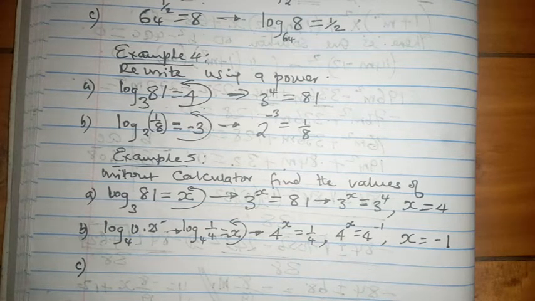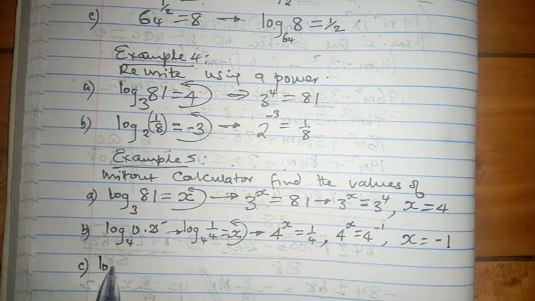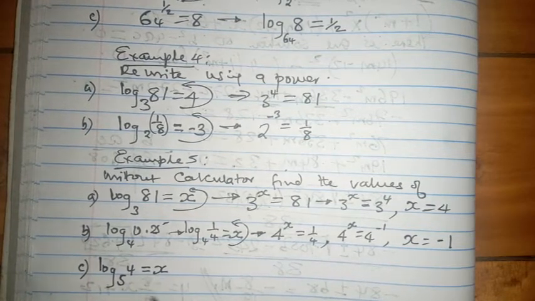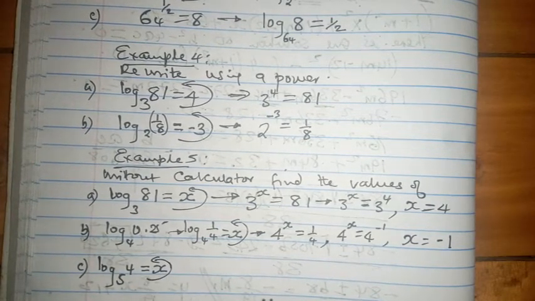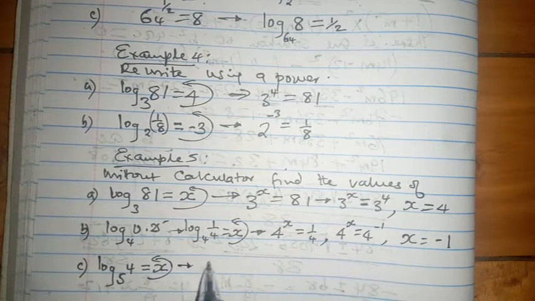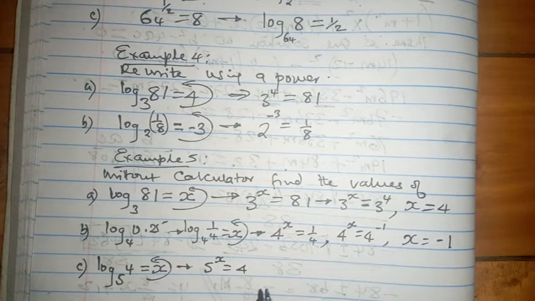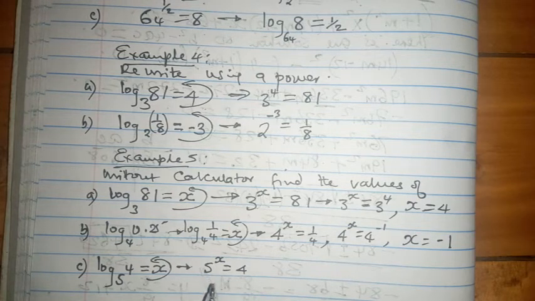In part C, we are told that the log into base 5 of 4, let this be x again. Applying logarithmic notation, or rather the anti-clockwise movement, we have 5 raised to power x is equals to 4.